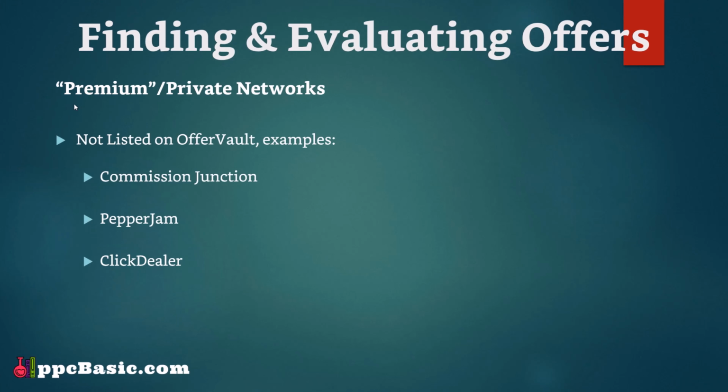So the next source of offers are the premium/private networks. And I label them as this because they simply do not list their offers on OfferVault. And for the most part, networks such as Commission Junction and PepperJam and another network such as Rakuten, they offer a lot of e-commerce based offers.